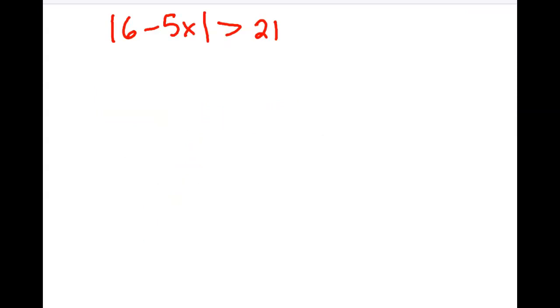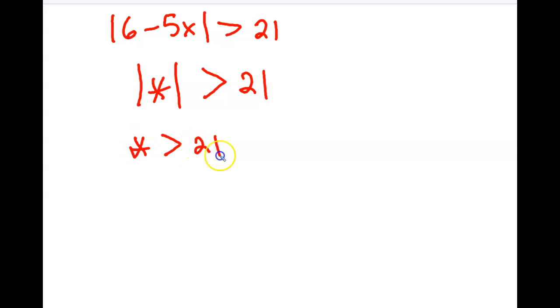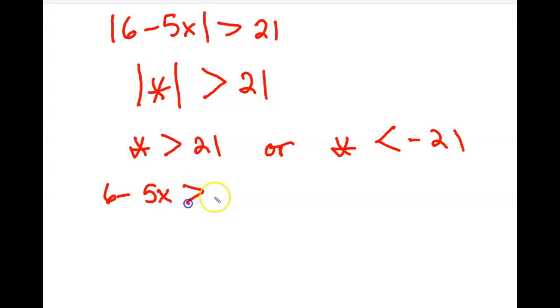So we're going to follow another inequality rule that says if I have the absolute value of some star being greater than 21, then the two cases are going to be the star is greater than 21 or the star, whatever's inside the absolute values, is less than negative 21. So in this particular case, it's going to be 6 minus 5x is greater than 21.